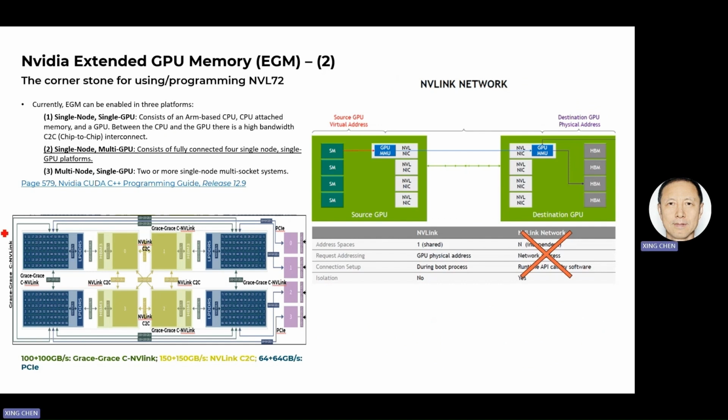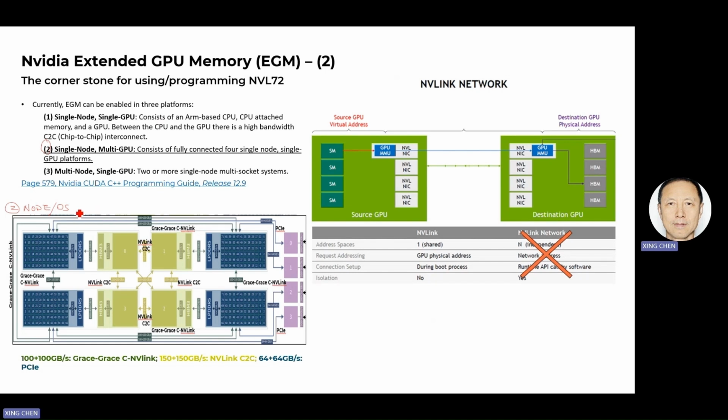The second platform is this one. It's called single node multiple GPU. The definition is that a node is just a node. Single node means type 2 system. Single node means it's just one node and it's running just one instance of the operating system.